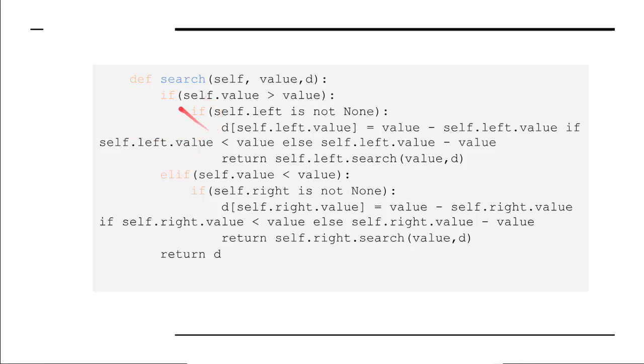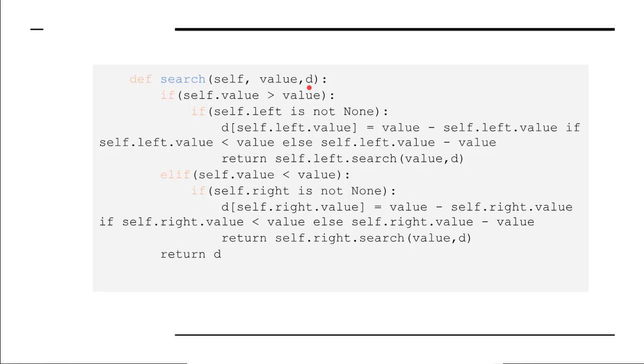This part is actually the meat of this code. This is where I'm doing all the recursive steps that I discussed while explaining my solution. Here, this value is the value of that new guy for whom we are trying to calculate the nearest diet. And this d is an empty dictionary.